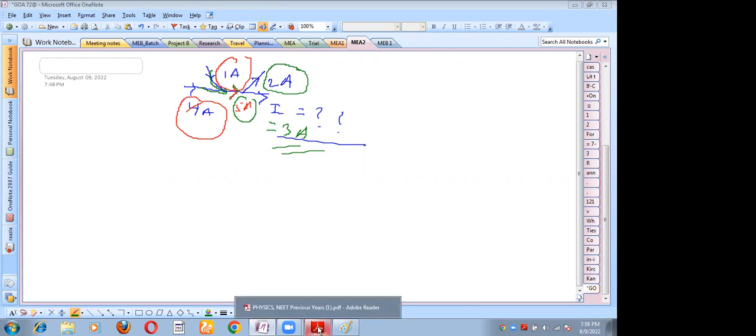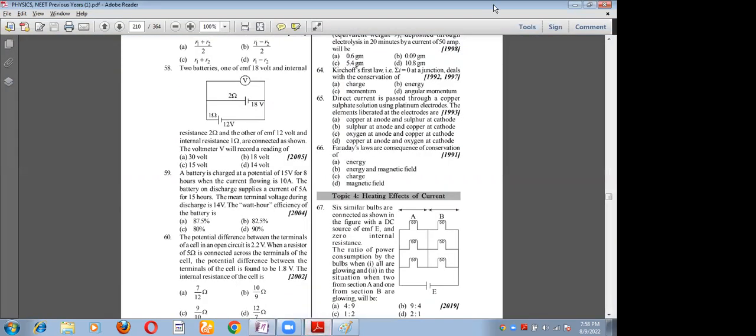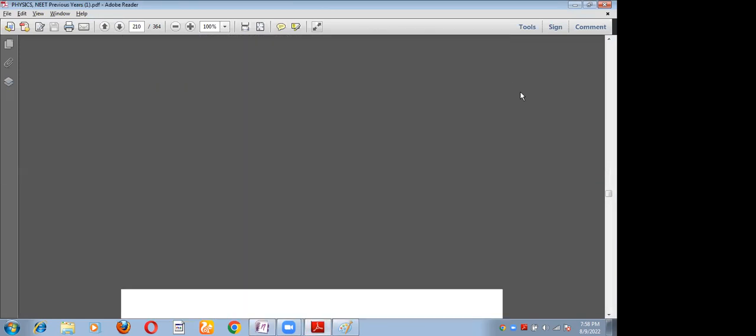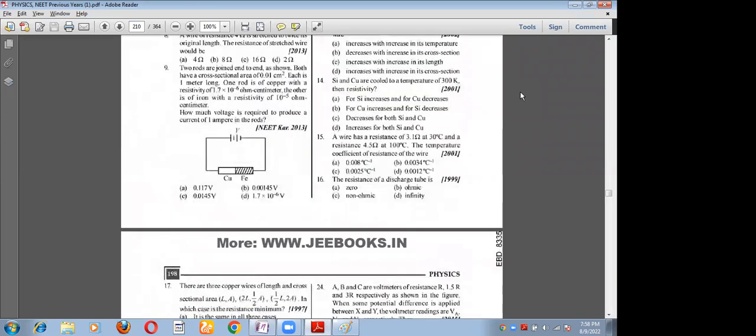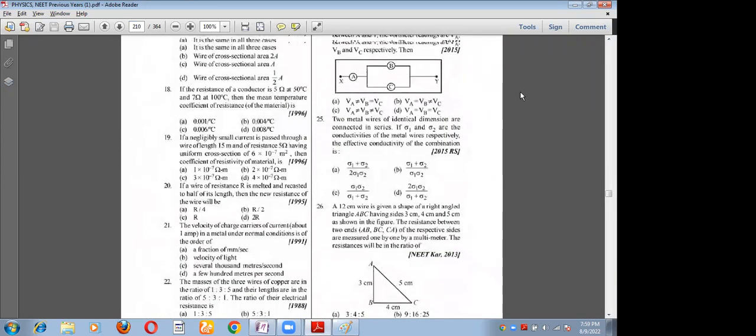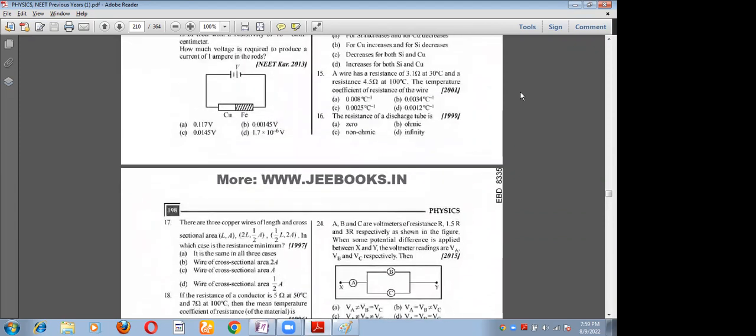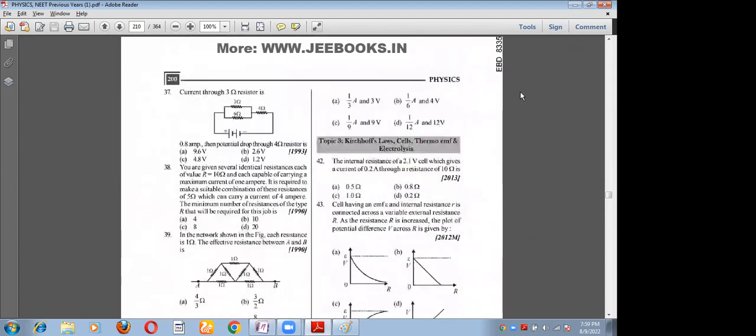So now quickly solve one question. Quickly solve question number 42.